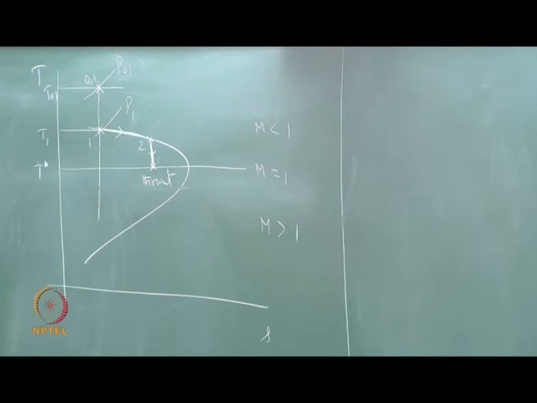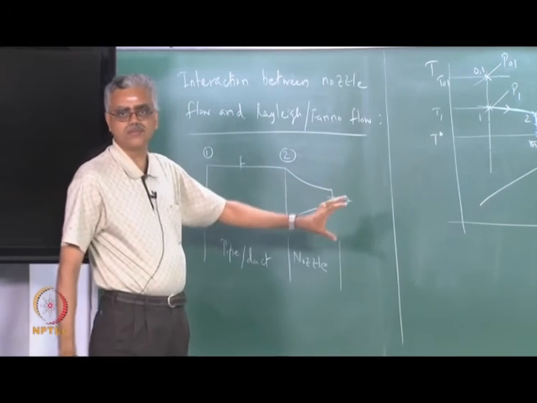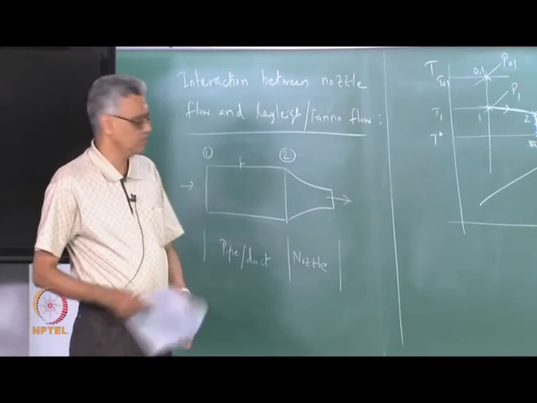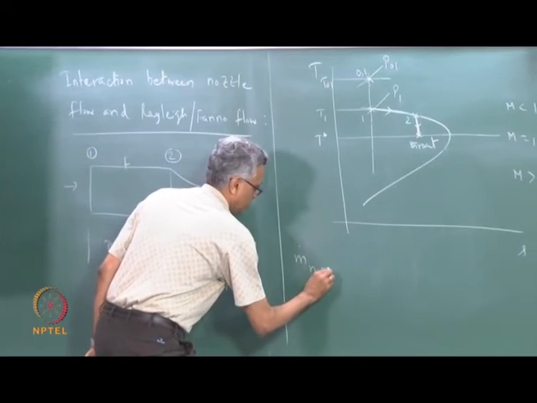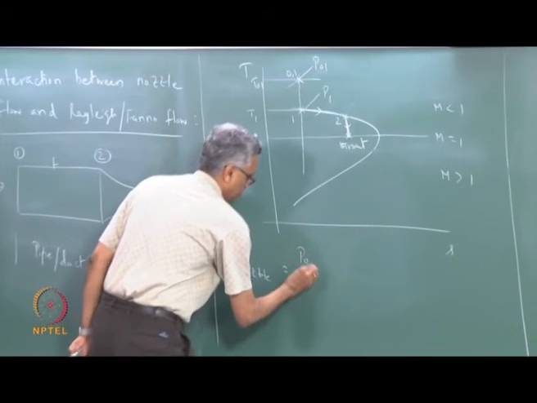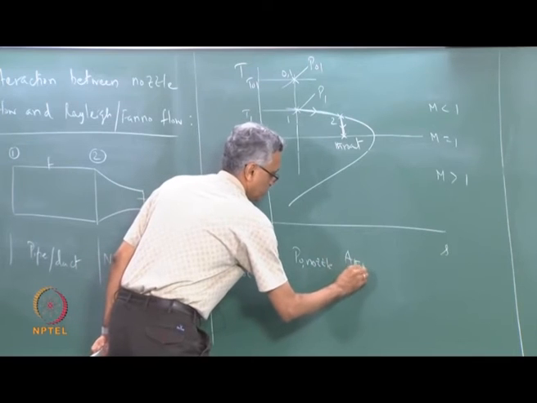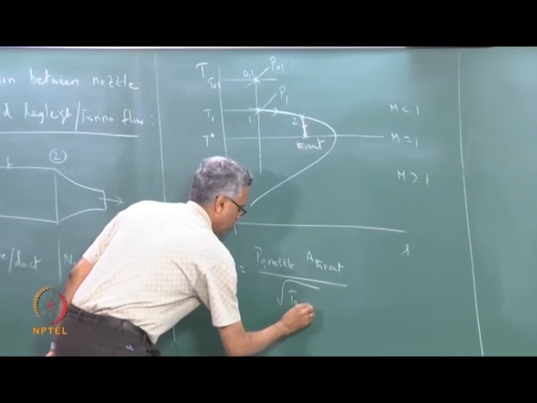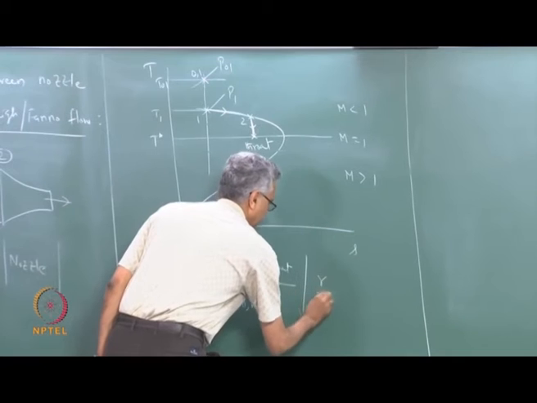Now, the most important consequence of adding a pipe or a duct before the nozzle or even after the nozzle has to do with the reduction in mass flow rate through the nozzle. Okay. So, if I write the expression for the mass flow rate through the nozzle, you remember this is nothing but P0 nozzle times A throat divided by square root of T0 nozzle followed by this term.